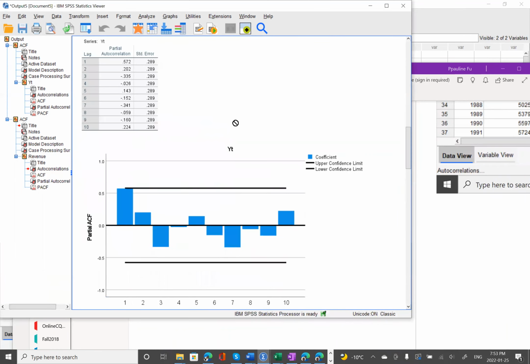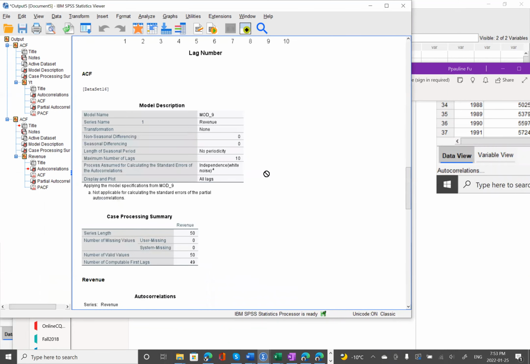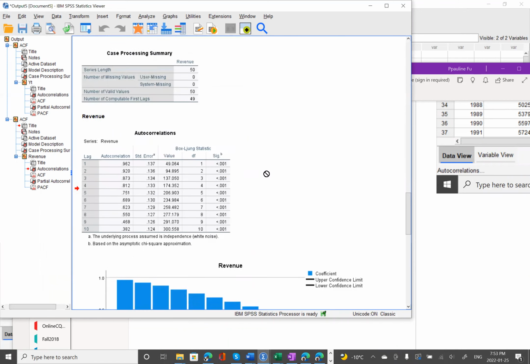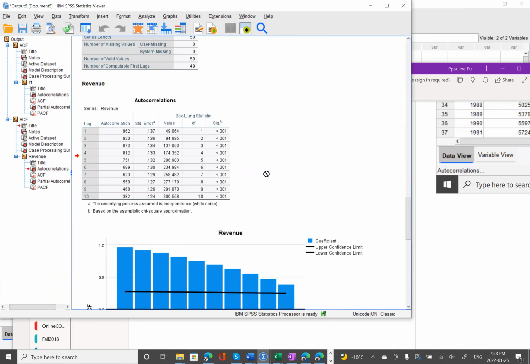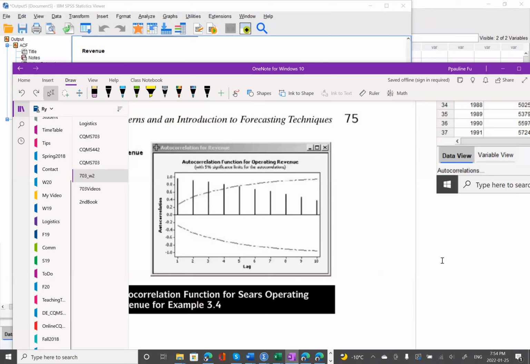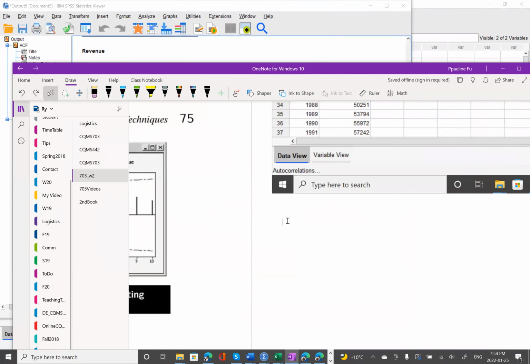This is another one. It's from here. So this is the autocorrelation table. I just try to copy the screen so that I can have notes.